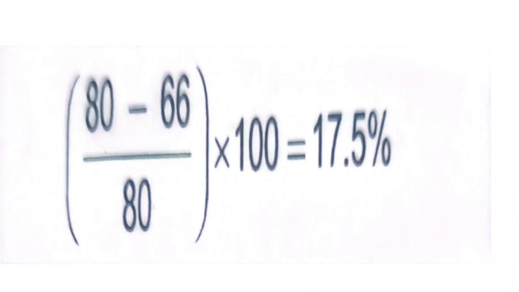Therefore, we shall take the initial volume of air in the gas jar, which was 80 centimeters cubed, minus the final volume of air in the gas jar, which was 66 centimeters cubed, divided by the initial, which is 80, times 100. And this is going to give us 17.5%.